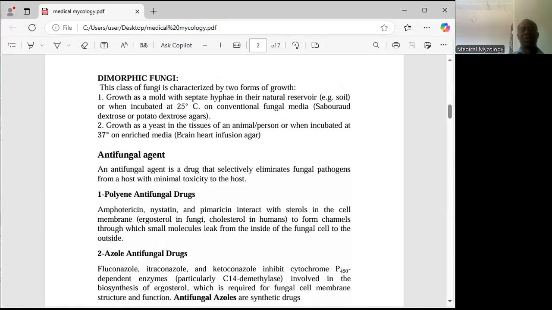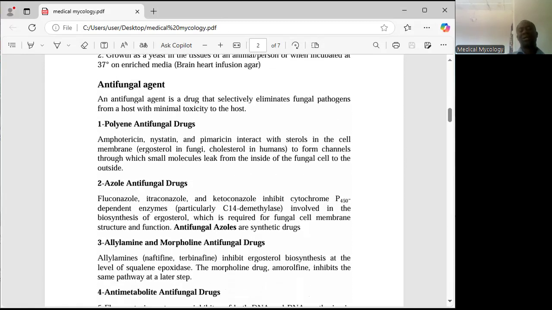Those are steroids, to form channels through which small molecules will now leak from the inside of the fungal cells to the outside, causing the death of the fungi. So that's how the polyene antifungal drugs react. Amphotericin or nystatin, they help to destroy the membrane of the fungi.